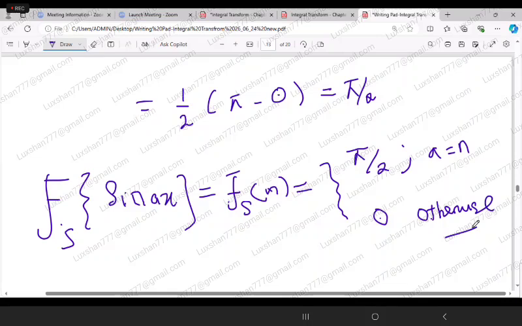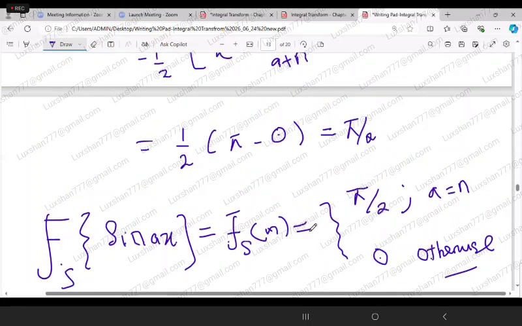Tell me whether you understand or not. What about others? You have to be familiar with the trigonometric identities, odd functions, even functions, integration by parts, and so many things.